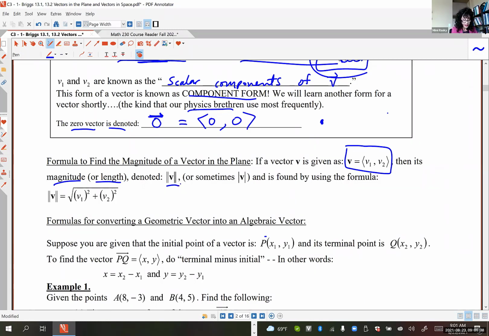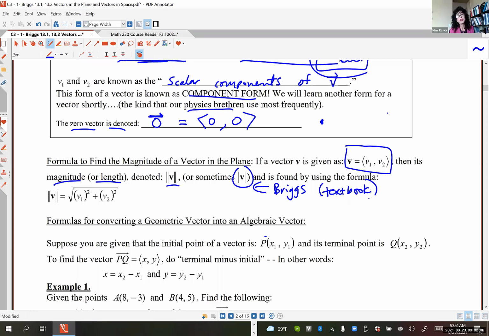Although Briggs, your textbook, uses single bars, which I'm not a big fan of because some people think that looks like absolute value, and magnitude is not absolute value. So I personally am not going to be using the single bars in lecture, and I really am hoping you'll warm my heart if in your handwritten work you use double bars also.